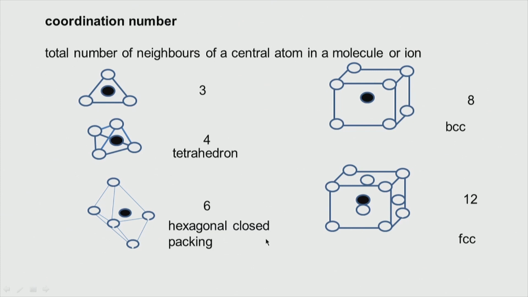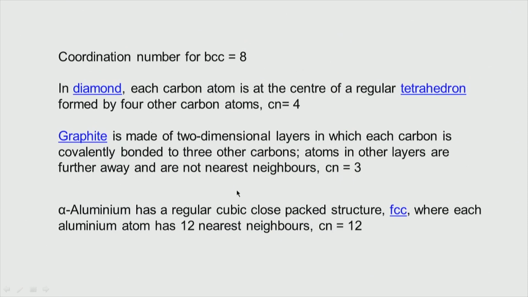So, you will be having layers and layers of graphite, whereas diamond will be 3-dimensional like this, a tetrahedron, so coordination number is 4. Graphite and diamond are the same carbons, but you can see that coordination number changes depending upon their structure. Graphite is made up of 2 dimensions, diamond is made up of a 3-dimensional regular tetrahedron. So coordination number for graphite is 3, for diamond it is 4.